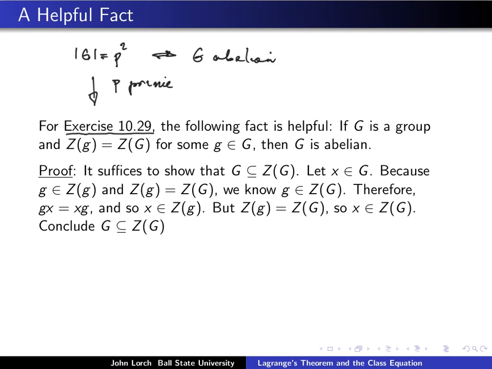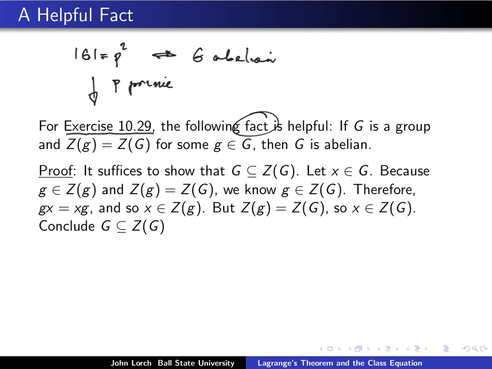In that exercise, there's a little fact that's helpful in completing it. It says that if you start with a group and an element little g in that group, and you suppose that the centralizer subgroup corresponding to little g is actually equal to the center of the group, then the group must be abelian.